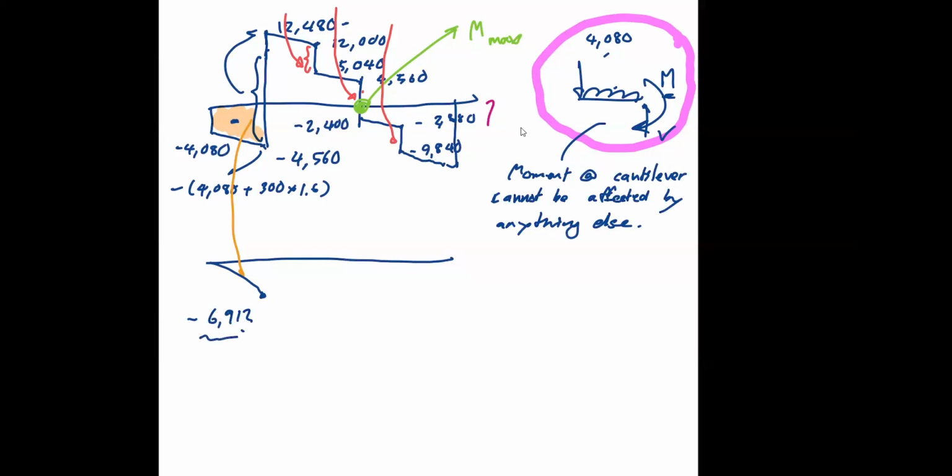Okay, but now if you proceed, you know that this is another negative shear area, which should give you the negative moment. But then this is the positive area. Correct?